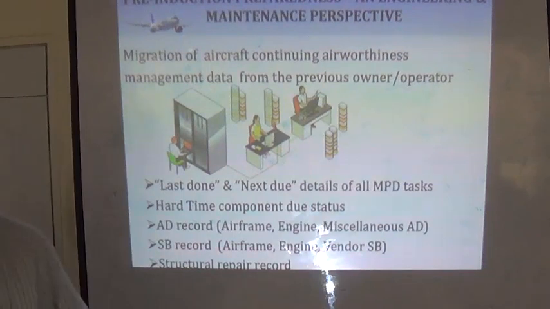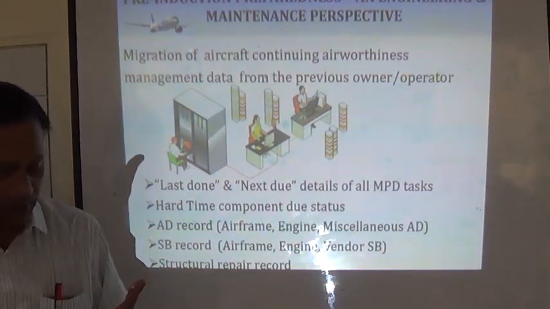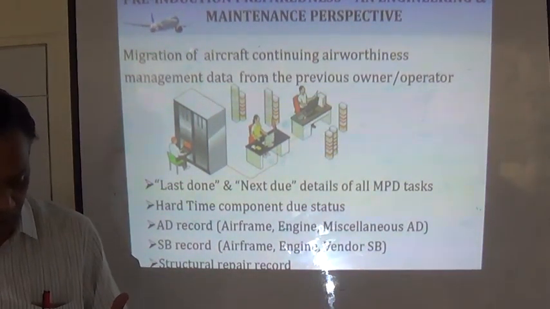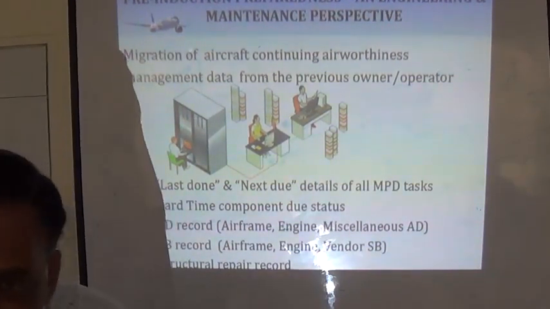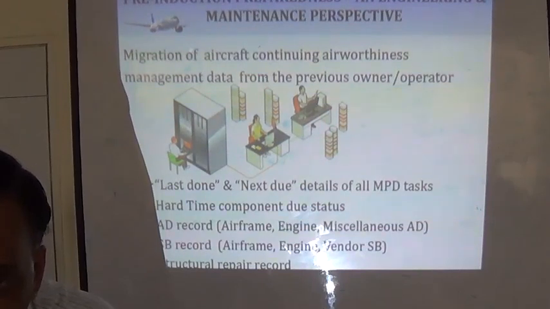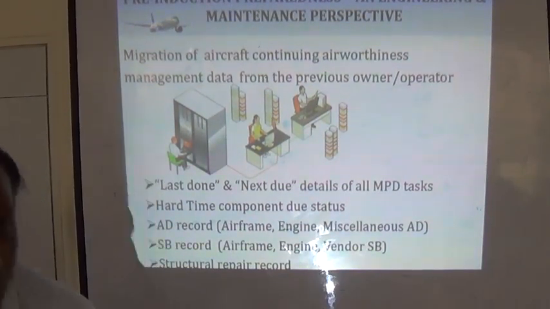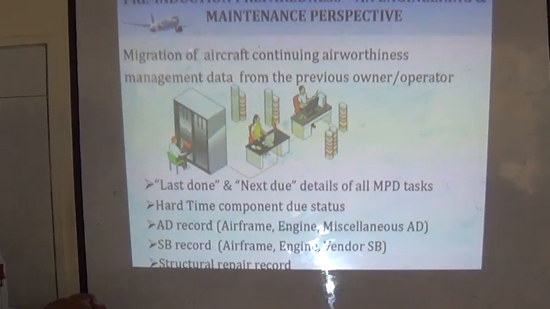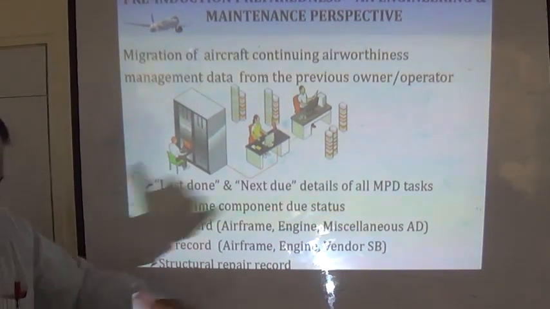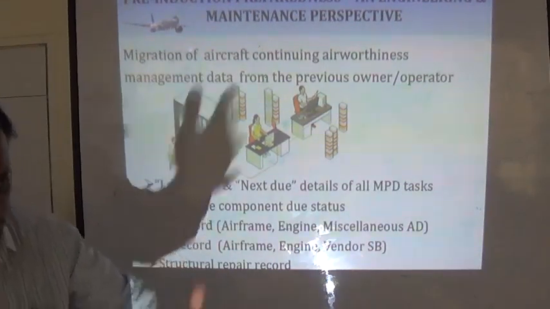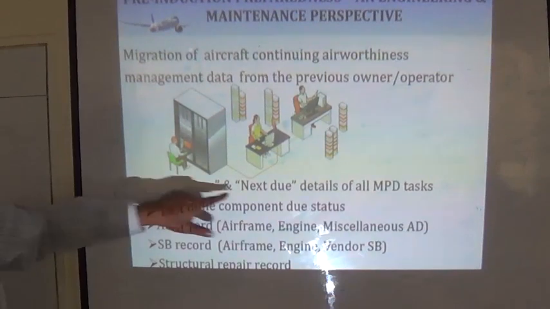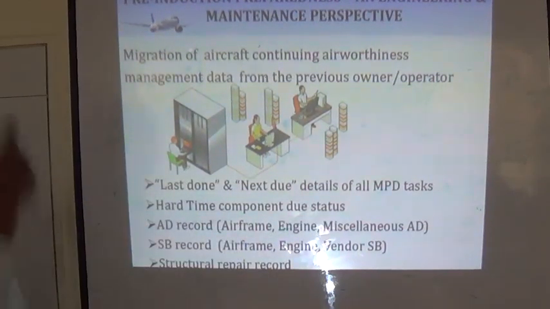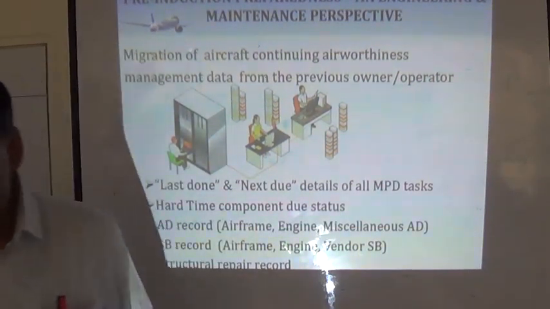So 1982, 92, 2002, 36 years of data for an average of 40 or 50 aircraft. You can't put that much history information in this. So even in the contract itself we say that once we induct and start operating, then all the data is there: last done and next due details of all 1500 tasks. This 1500, I'm just trying to refer to it.